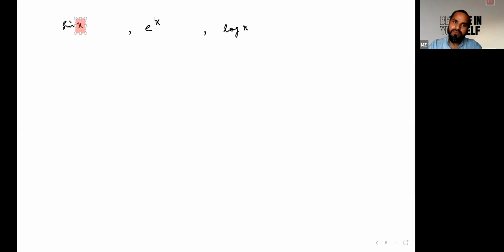This is an exponential function, so x in this exponent would be nothing but any number. Similarly, log is defined for only a positive number. So from this we can say this x in this expression will define an angle. This x and this x would define nothing but a number.